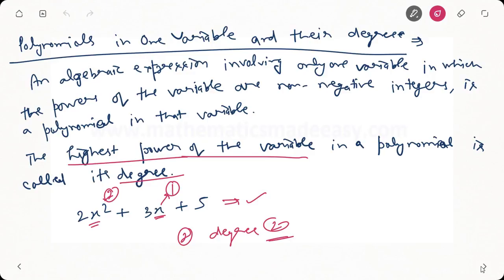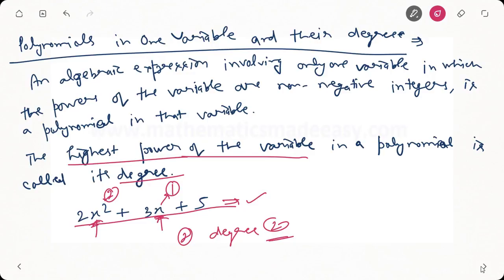Suppose there is an algebraic expression in which there is only one variable and it has different powers. For example, 2x square plus 3x plus 5. This algebraic expression has only one variable, that is x, right? And x has power 2 and this x has power 1, right?